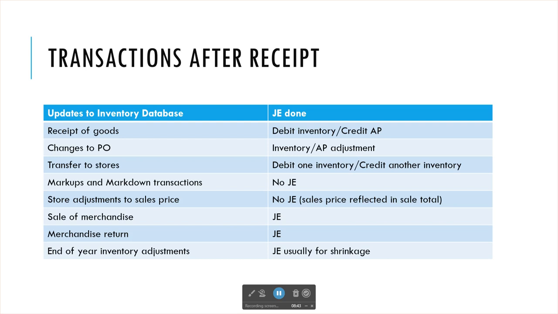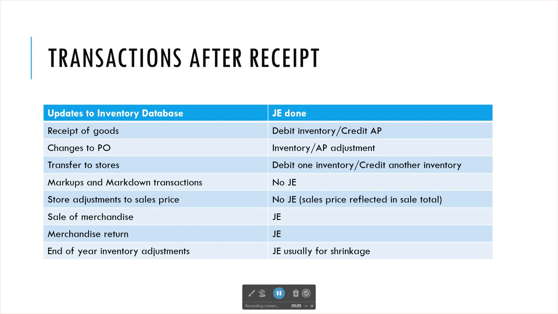When you transfer to stores, this is a very important item here, because oftentimes when you transfer between stores or to stores, people will say, well, it's in inventory. That's all I need to do. No, because you have to take inventory by store location. You are going to need a listing of that particular inventory item by its store location.